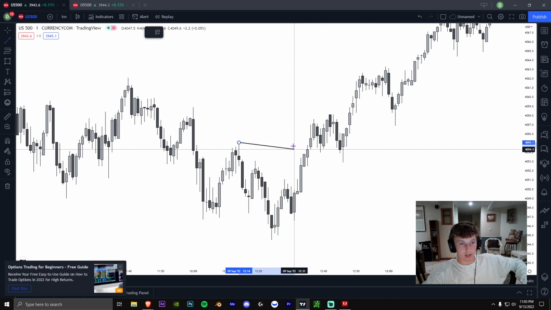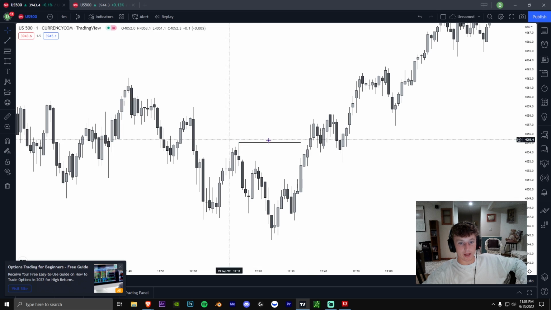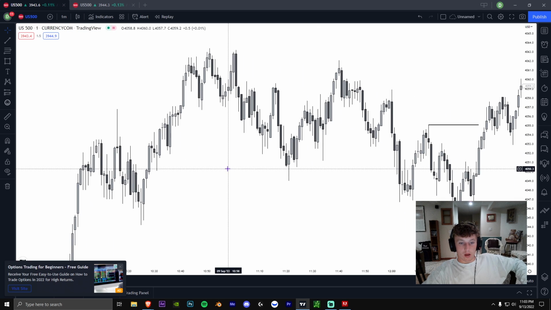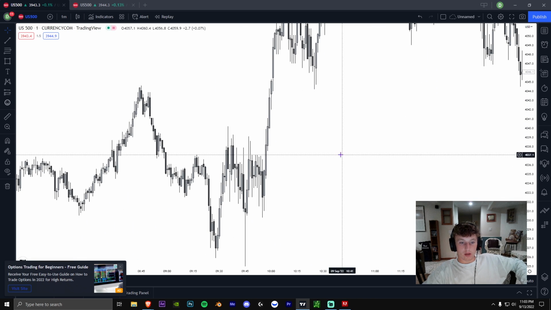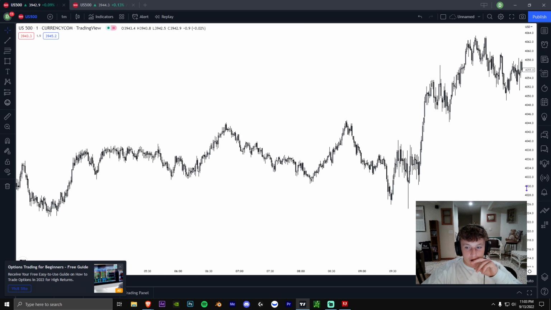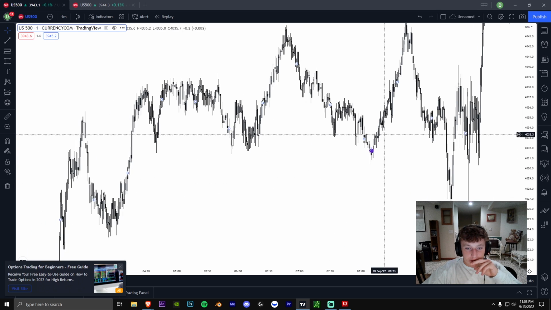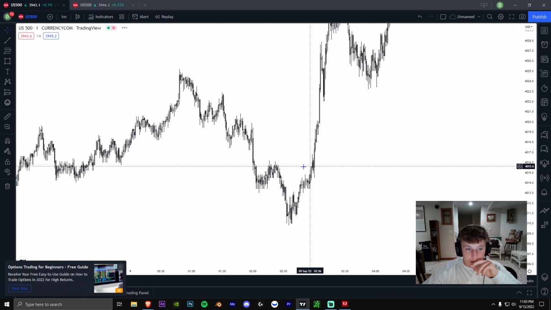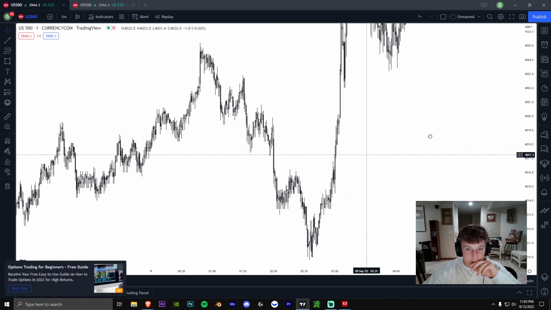Because we have the market structure shift, as you guys can see, we broke above the last obvious lower high, so that would be the MSS. If I can't find one, that's okay. Hopefully you guys understand what I'm talking about, but it would be nice to have a good example.